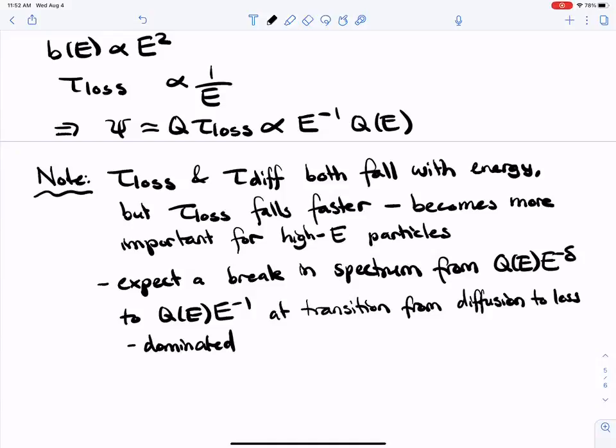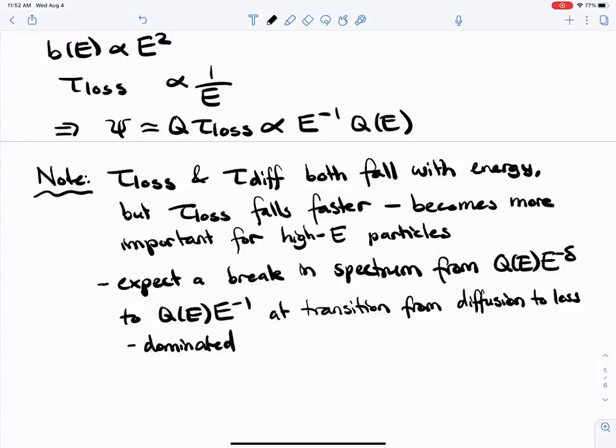So suppose I have an electron that's flying through the galaxy. It has some initial energy that I've injected it with, like maybe my dark matter particles annihilated and made a 1 TeV electron. So how is this particle going to evolve?